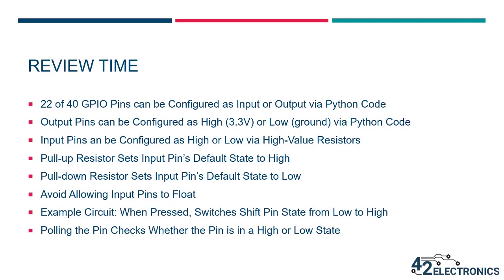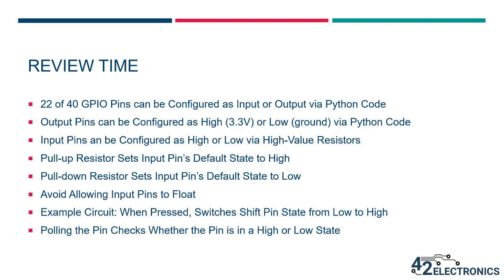Okay, before you move on to the next video, let's take a few moments and review the concepts we just discussed. First, of the 40 GPIO pins connected from the Raspberry Pi to the breadboard, 22 can be configured as input or output pins using Python code. Those 22 pins can be configured as high or low, and we do that for output pins using Python code, but we need to configure input pins using a high value resistor to pull the pin high or low.